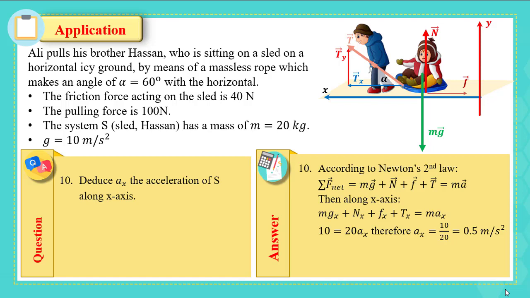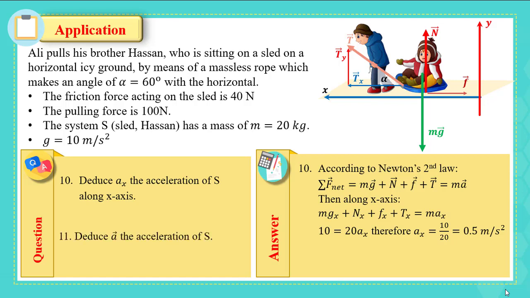Then along x-axis, the addition of the forces along x is 10, which equals the mass times ax, and the mass is 20. Therefore, ax equals 10 over 20. It is 0.5 meters per second squared.